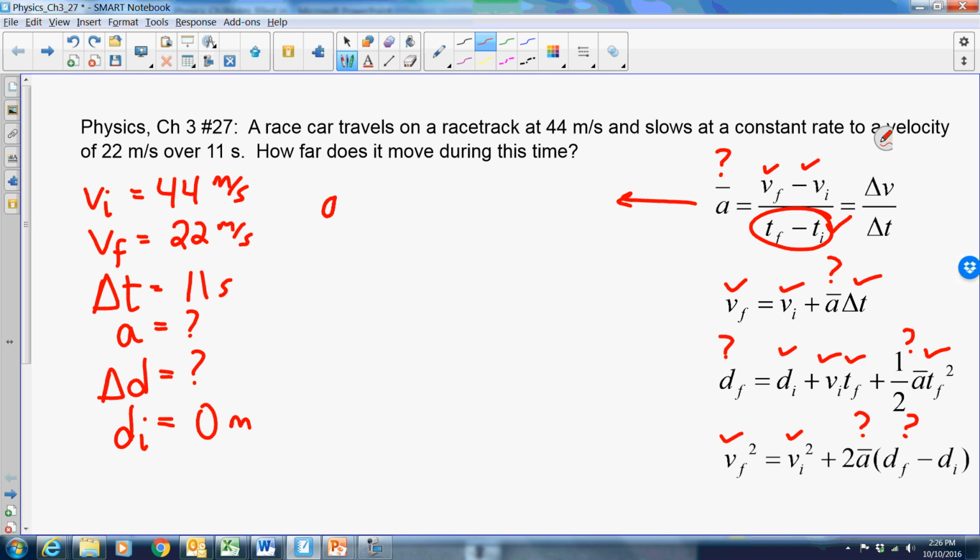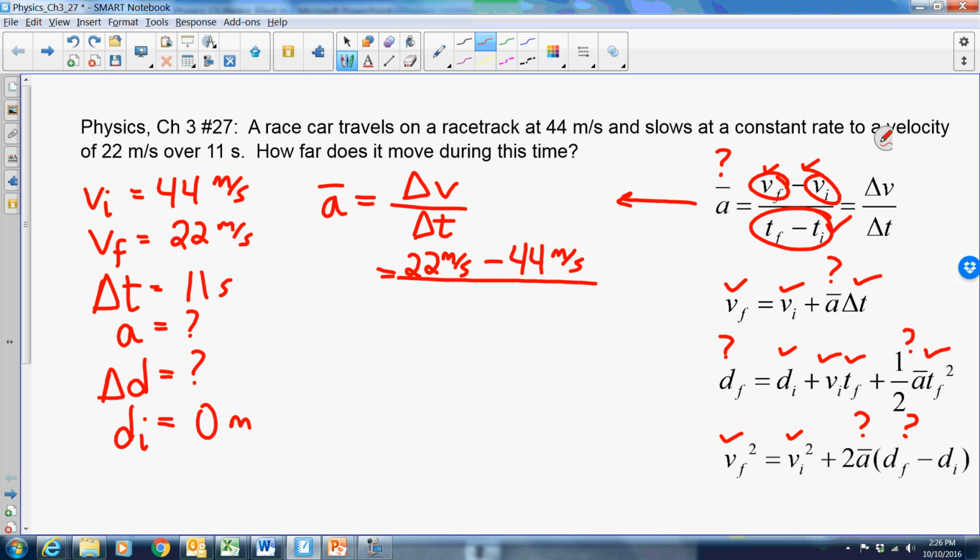So I'm saying average acceleration, that's what the line means, equals change in velocity over change in time. Okay, and here, when I do change in velocity, I'm always doing final minus initial. Okay, so at the end, it's going 22 meters per second. At the beginning, it was going 44. The change in time is the 11 seconds.